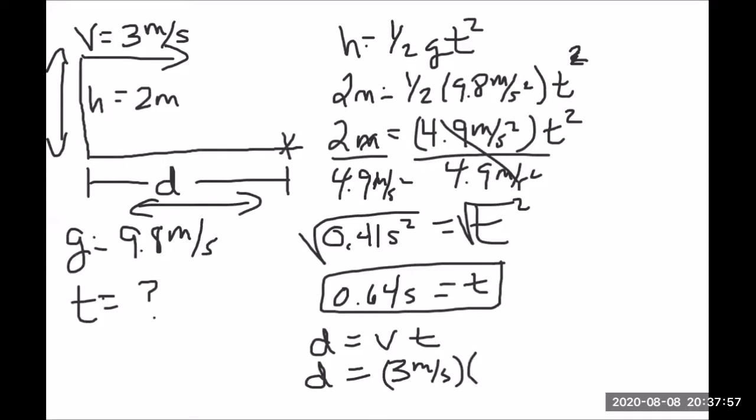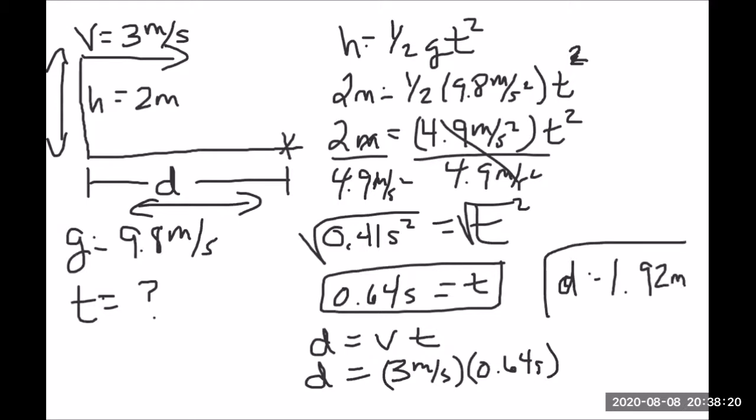My time is 0.64 seconds. And remember, I leave it in my calculator, so if my answer is just a little bit different from yours, that is the reason. I get a distance of 1.9166 or 1.92 meters. All right, that's if we have velocity and height.